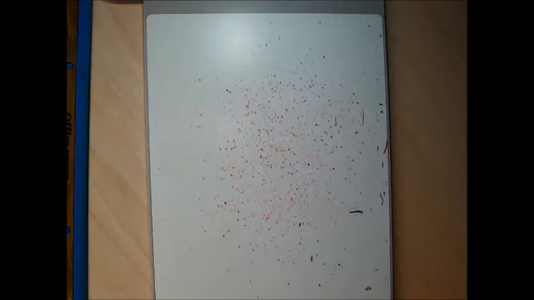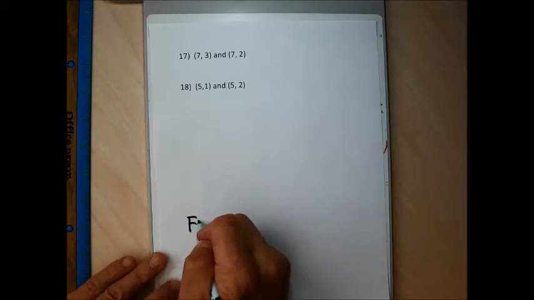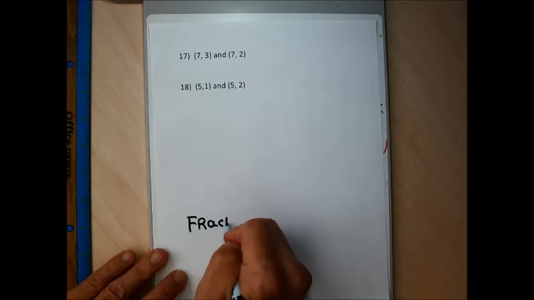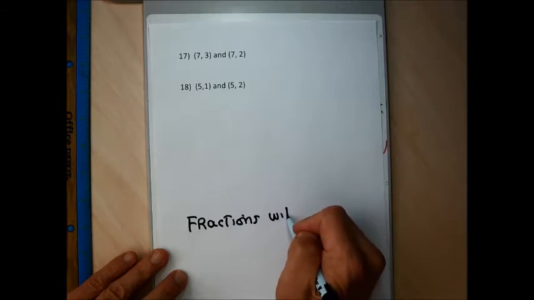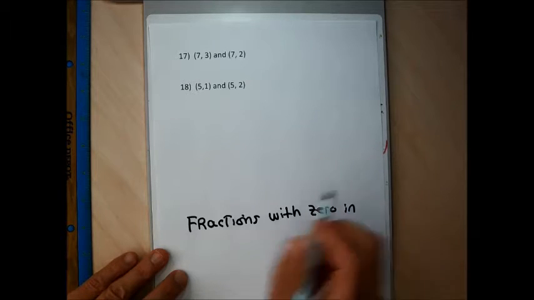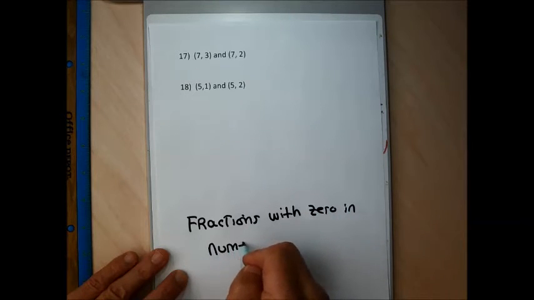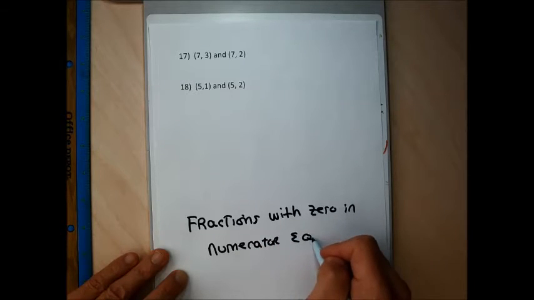You might get stuck on 18 and or 20. This is when we start getting fractions with zeros. It's important to remember that fractions with 0 in the numerator equal 0.